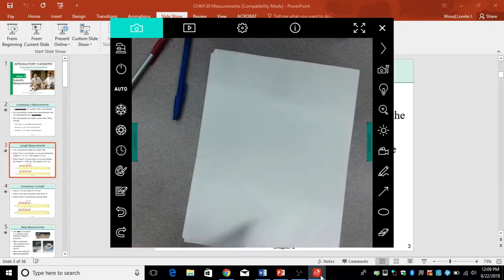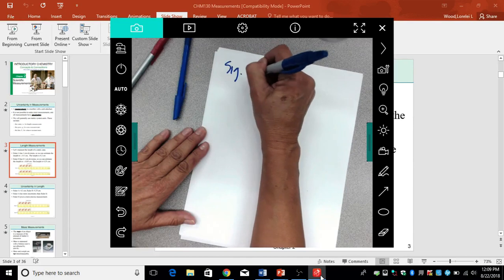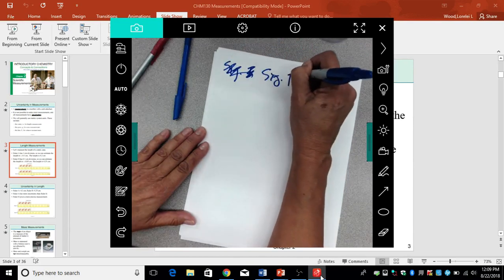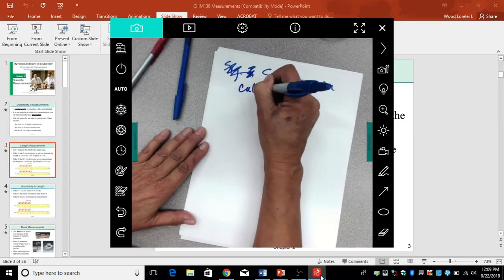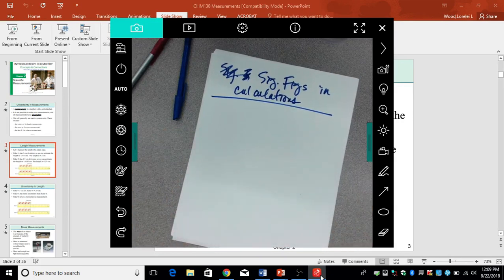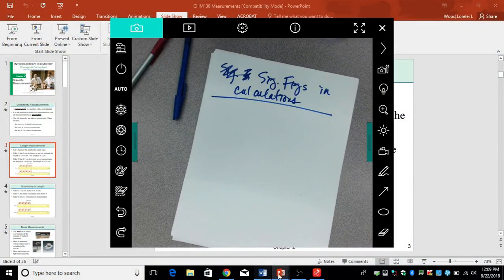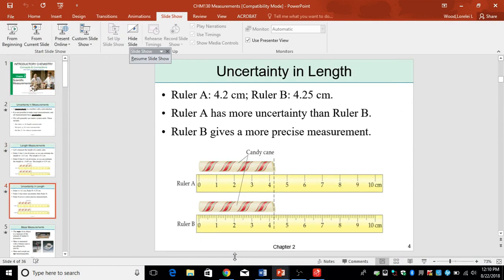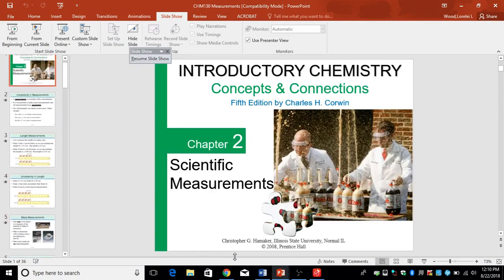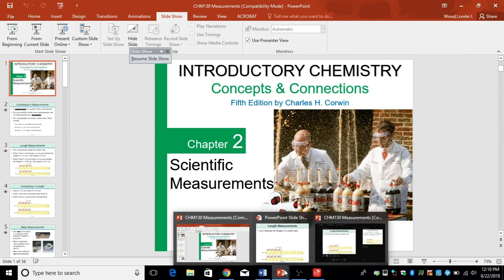All right, now let's talk about sig figs in calculations. So next heading on your notes, sig figs in calculations. Don't know why it's not showing on here.